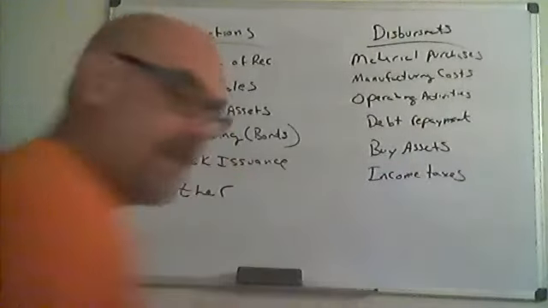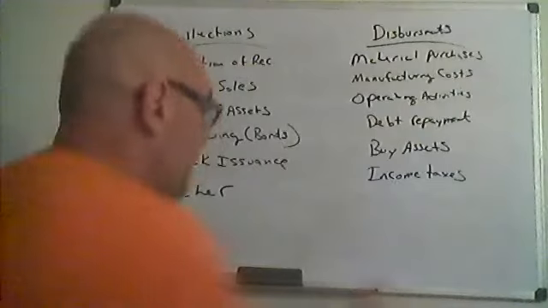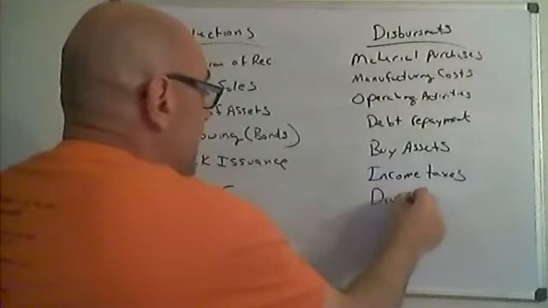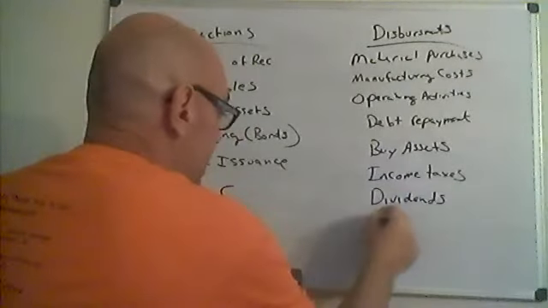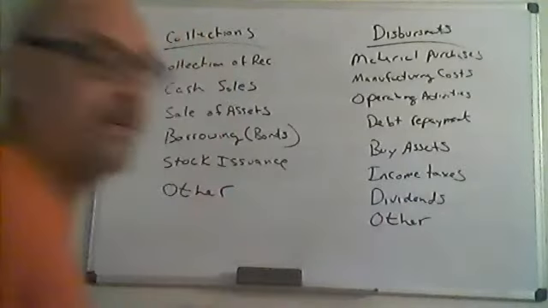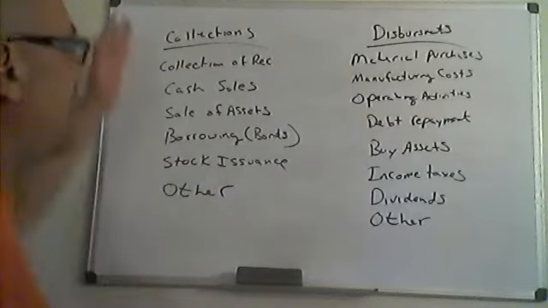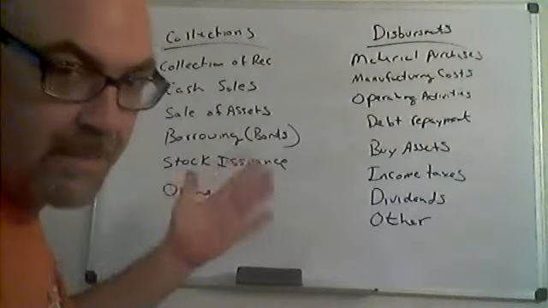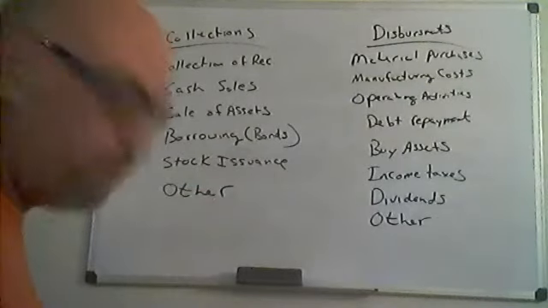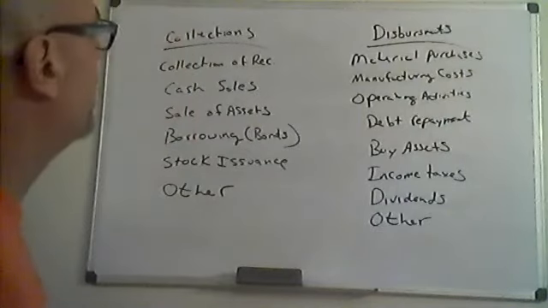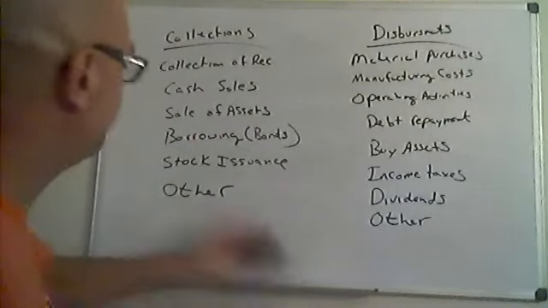Don't forget, income taxes are definitely cash going out. Dividends, and then the catch-all, there is an other there too. Those are just a list of some of your common collections and some of your common disbursements that you're going to see on a budgeted cash flow statement.